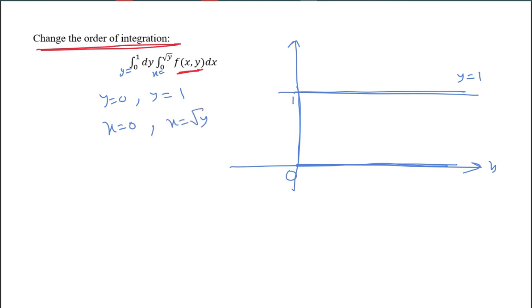How does this graph look? You can see this is actually a parabola, an upward parabola. So this is x square is equal to y. So how does it look in this rectangle? Yes or no? So the bounded region will be this portion. This is your region, and this value will be 1.